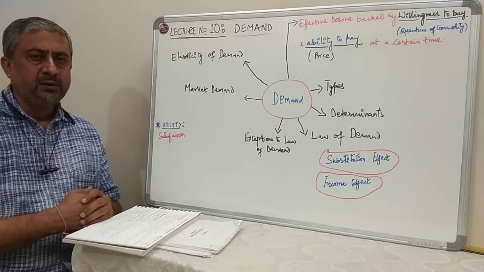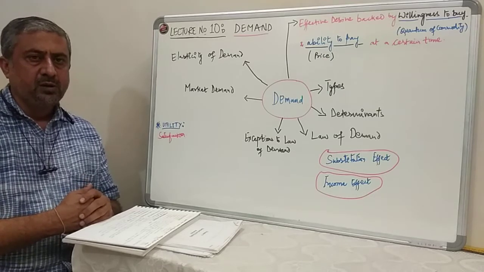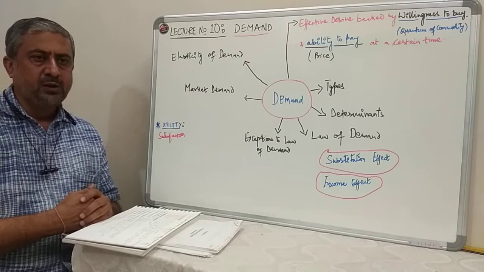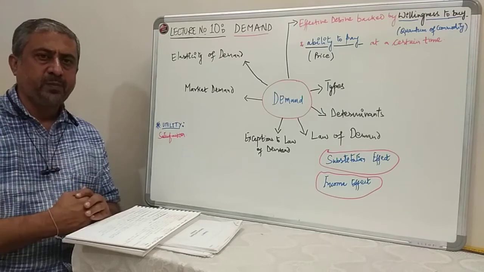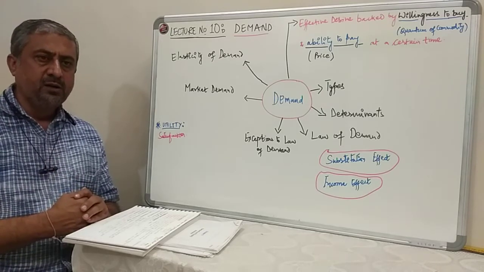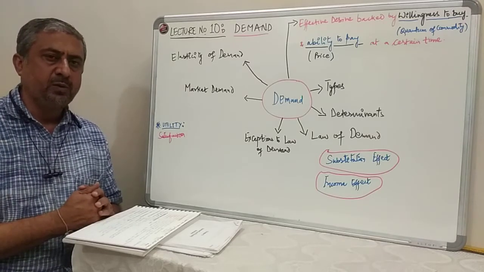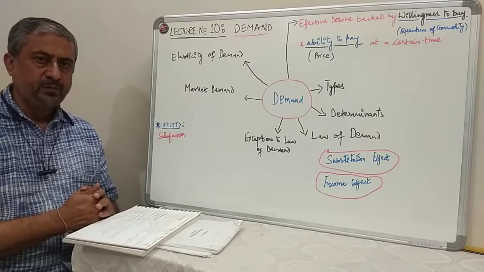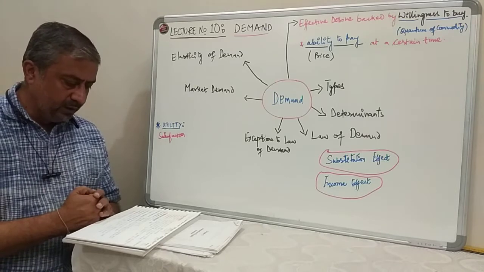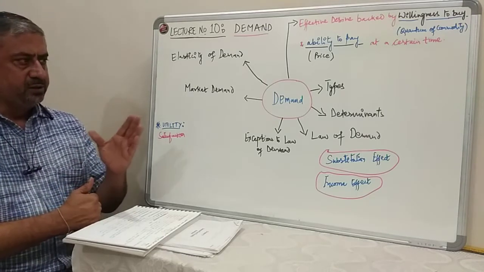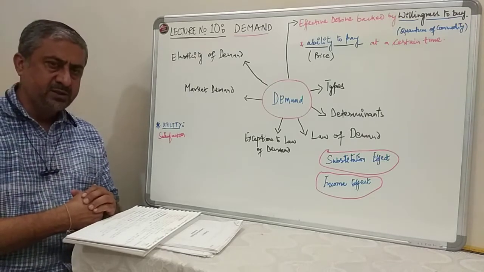Right? Say for example, if the price of motorcycle goes up sharply, demand for petrol comes down. That's called complementary goods, right? Taste and preferences. Demand is also determined by taste and preferences.